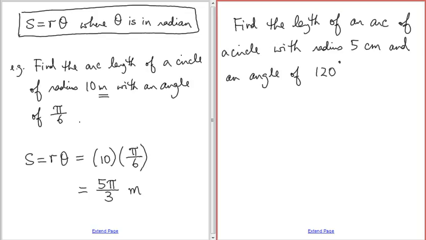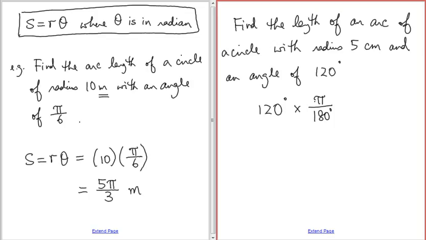Is that right? You have to turn it into radian first, because when s equals r theta, take a look at that, the theta must be in radian, so you cannot use degree. So the first thing you need to do is turn 120 degree into radian. How can I turn something into radian? Very good.